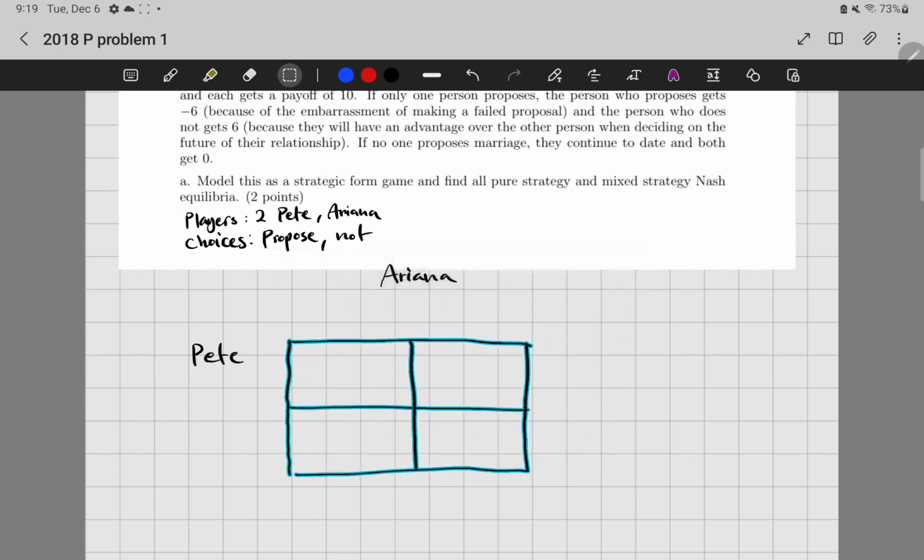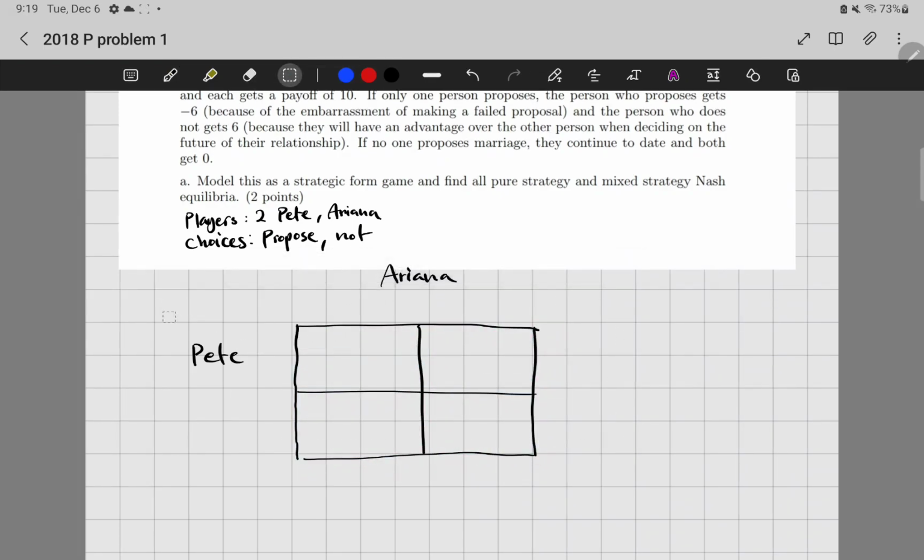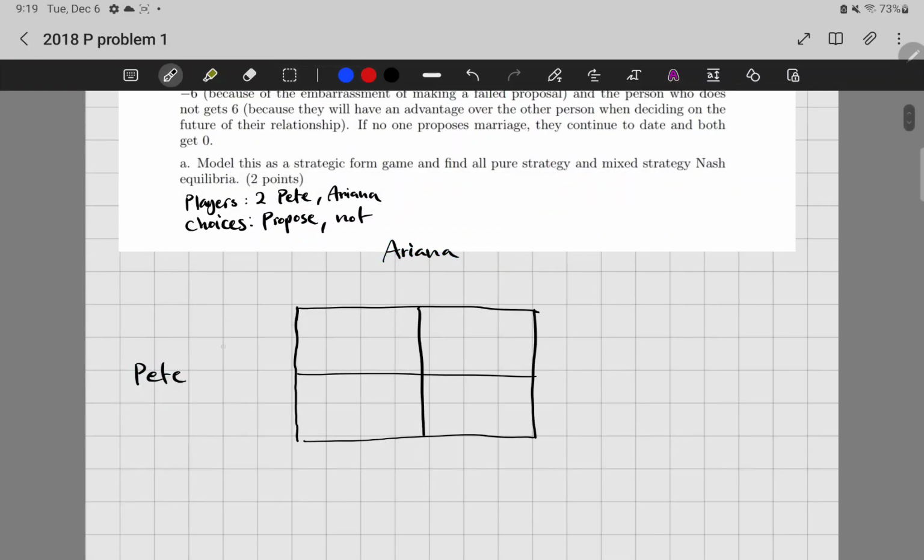And you can move this table to somewhere more appropriate. Now, the choices are to propose and not to propose for both players.